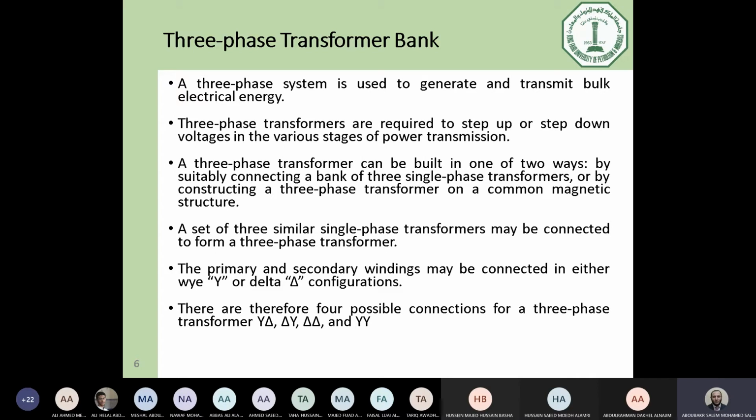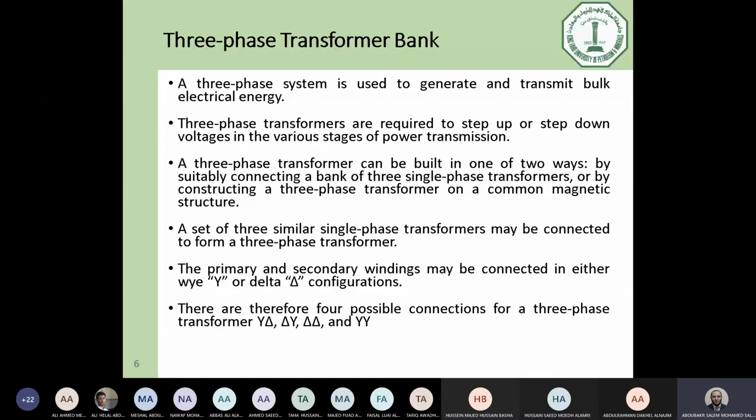Right. A three-phase transformer can be built in one of two ways. What are these two ways? First is by suitably connecting a bank of three single-phase transformers.